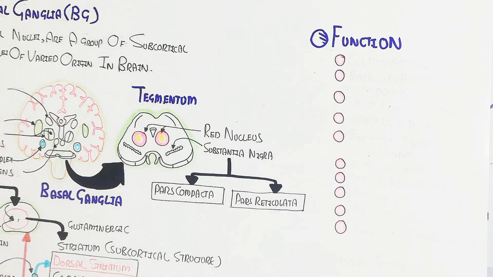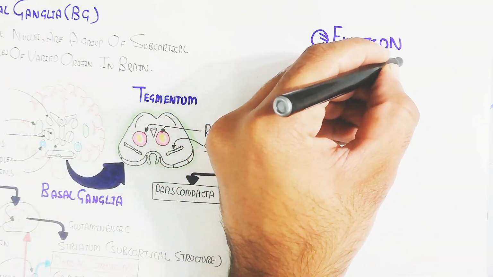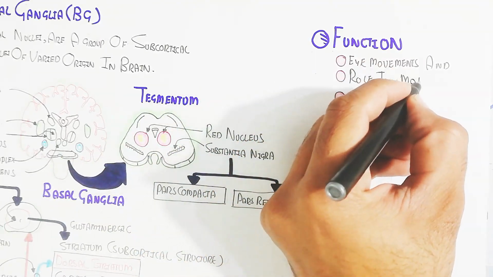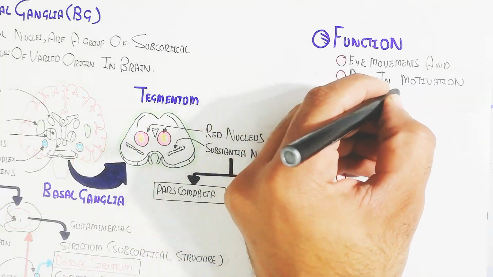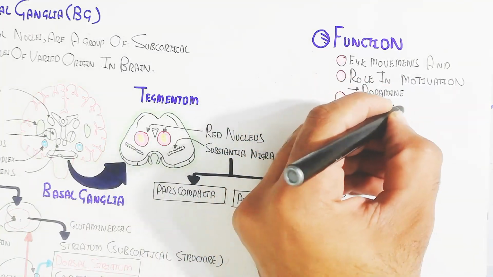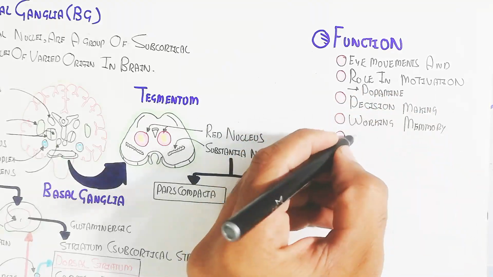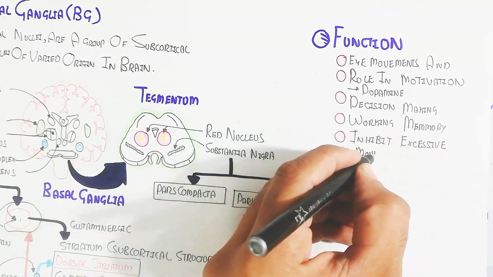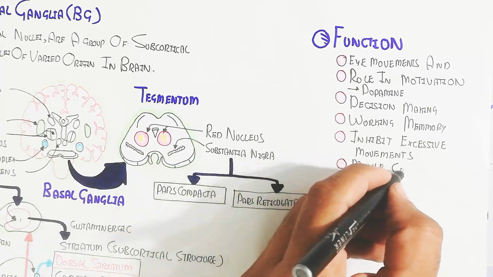Eye movement and the role in motivation through dopamine. That is why the dopamine will give positive feedback from the striatum to the higher brain cortex. Decision making and working memory through the basal ganglia, and inhibiting excessive movement. In this way, excessive movement is inhibited due to the controlling mechanism.